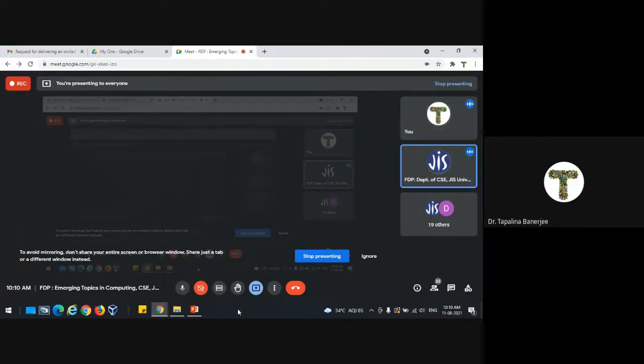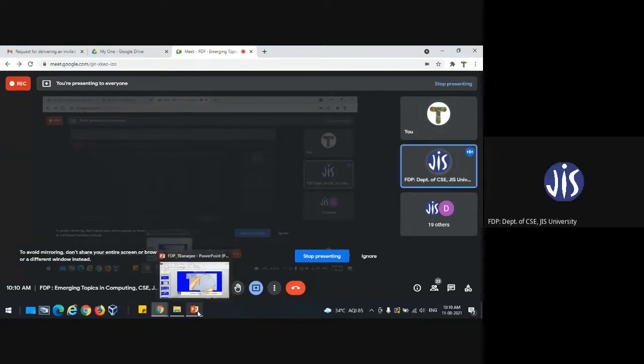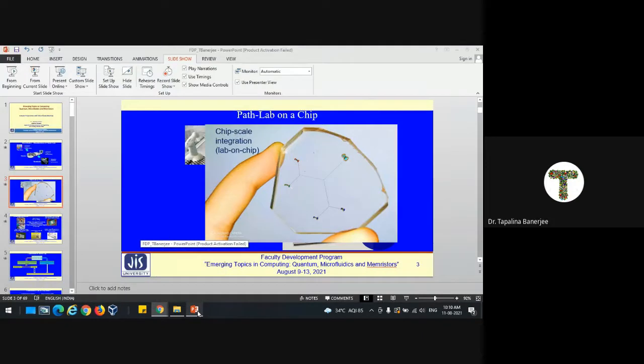Maybe some network issue was there. Yes, yes, you are audible. Okay, right now. How long you have heard about this part? Ma'am, please go to the slideshow view actually. You can start from the beginning of this part. Actually, you started and we were not able to hear anything. Okay, okay, ma'am.